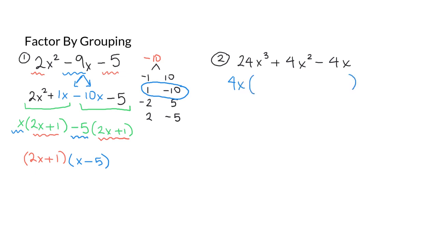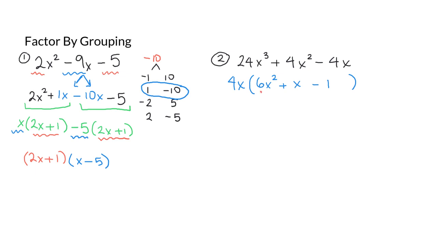And we would be left with 6x squared plus 1x minus 1 by dividing each term by 4x. And now we repeat the same method from example 1.